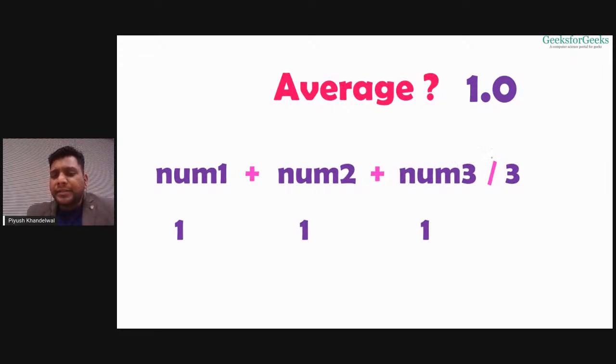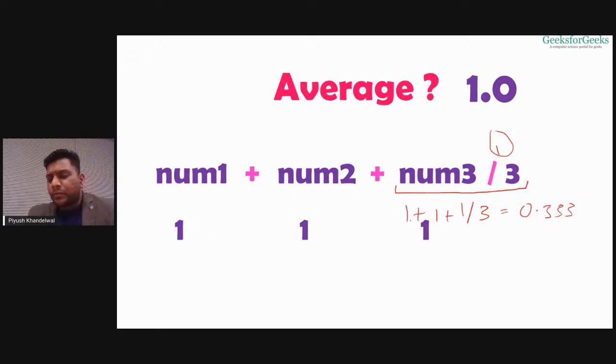So here you can see this division was performed first, 1 divided by 3, and it gave me 0.33 something, and then the additions were done, 1 plus 1 plus this. So we got the answer 2.33 something.